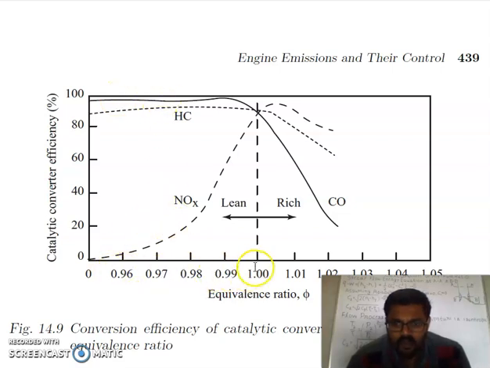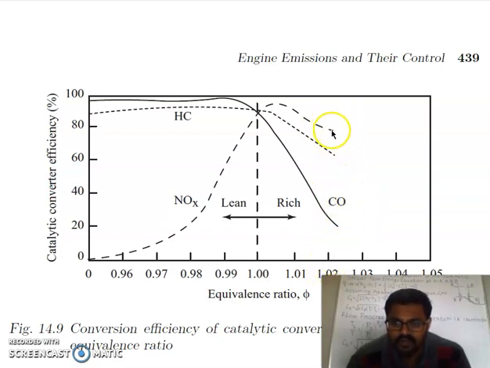And when you go to this side, the rich side, you can see the carbon monoxide as well as hydrocarbon conversion efficiency decreases. It means if you use a rich mixture, the chances of the catalytic converter converting the hydrocarbon and carbon monoxide into less harmful compounds are less. So your converter will become inefficient at high rich mixtures.